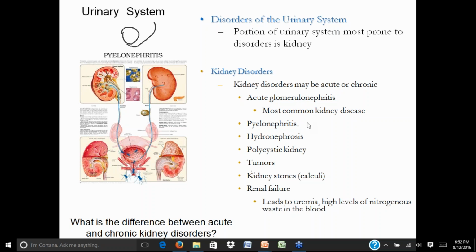Then we have the pyelonephritis, that sometimes is interchangeable with the UTIs, urinary tract infections. Pyelo means the pelvis of the kidney, nephritis is the kidney. The UTI is the urinary tract infection, and the most common bacteria for that is E. coli.